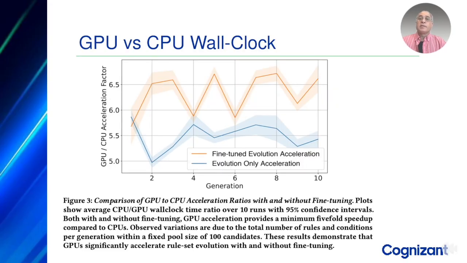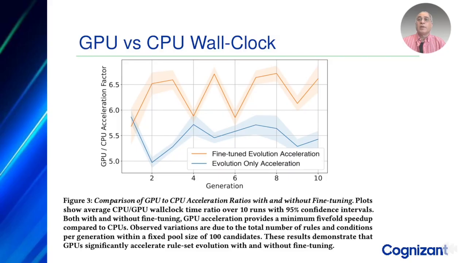This plot compares GPU versus CPU speed for rule evolution, with and without fine-tuning. The orange line includes gradient-based fine-tuning using tanh, while the blue line shows evolution alone. GPUs consistently deliver at least a 5x speedup, reaching nearly 7x with fine-tuning.